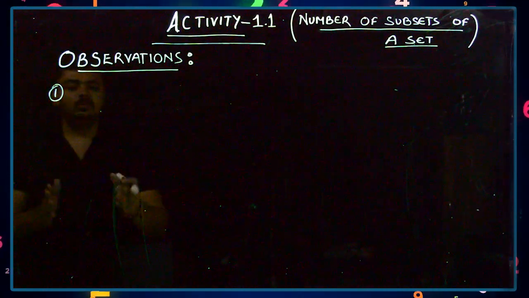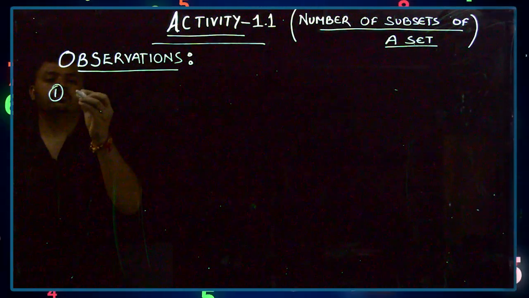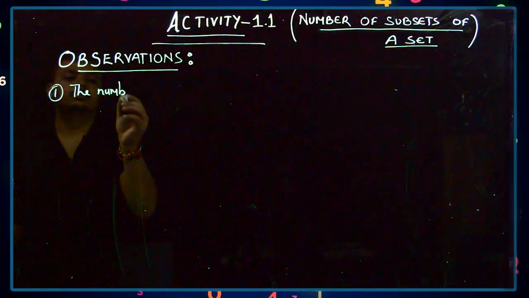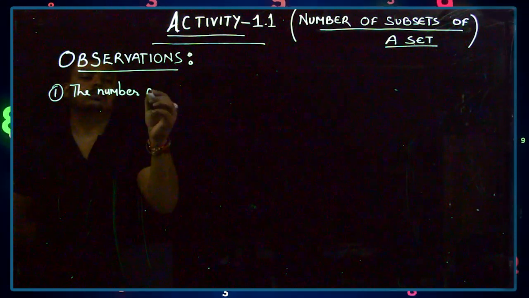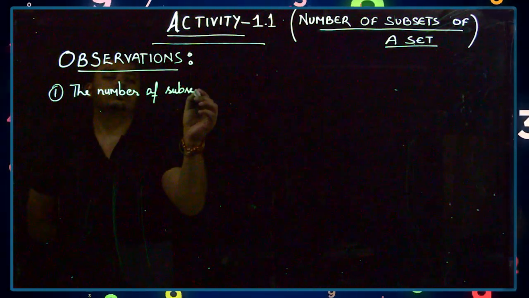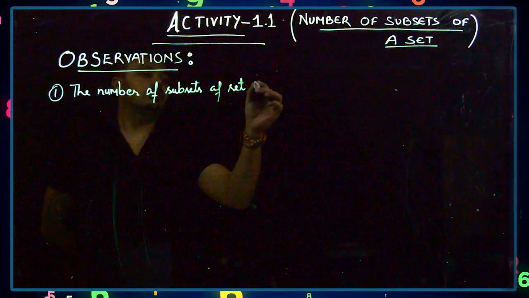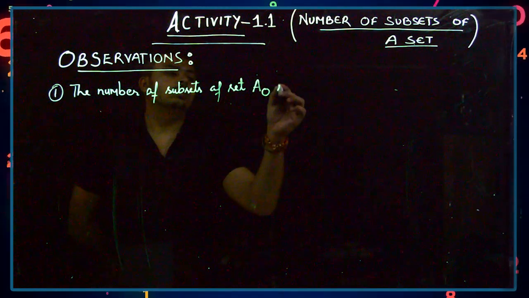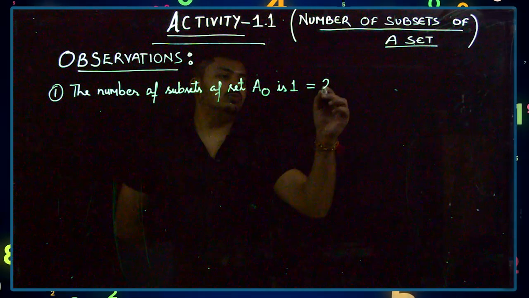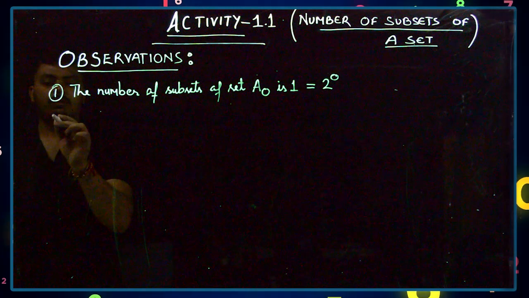So students, our observation for the given activity is: first, the number of subsets of set A0 is 1, that is equal to 2 to the power 0, as it has 0 elements.